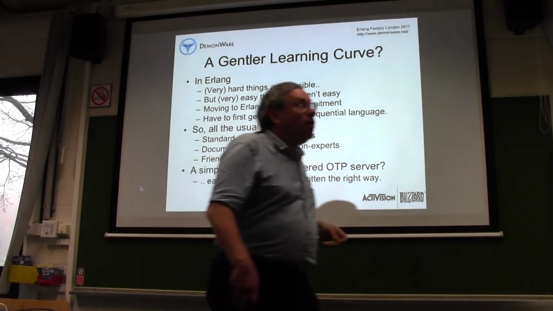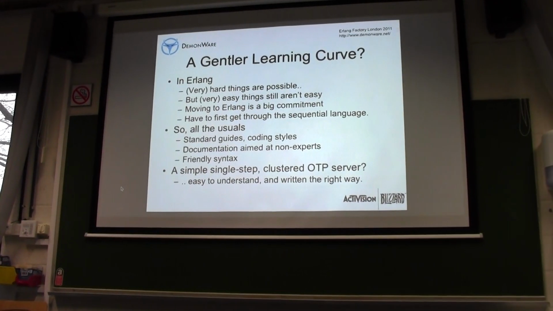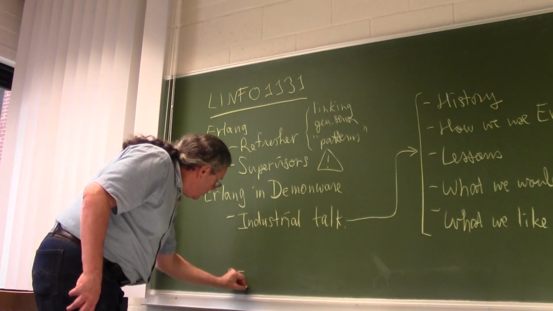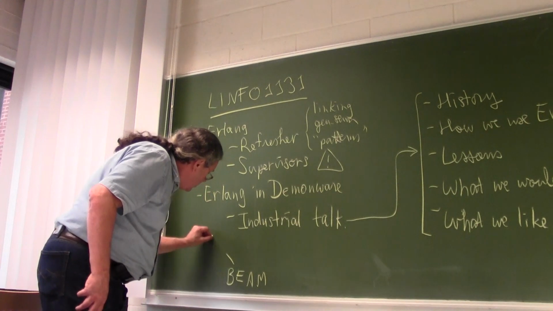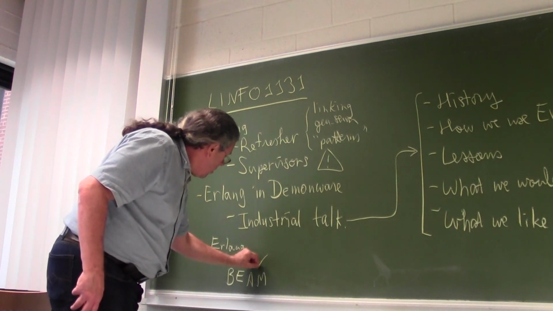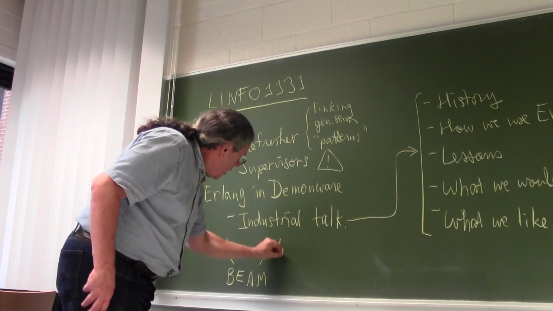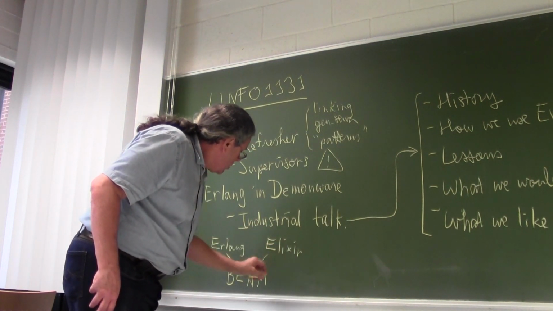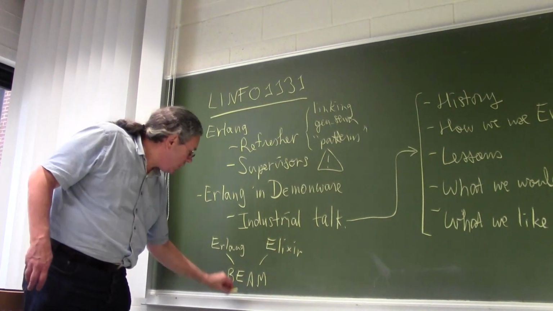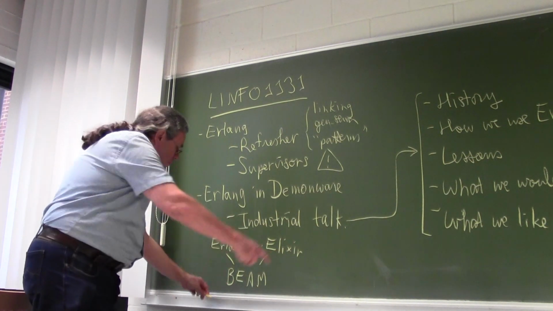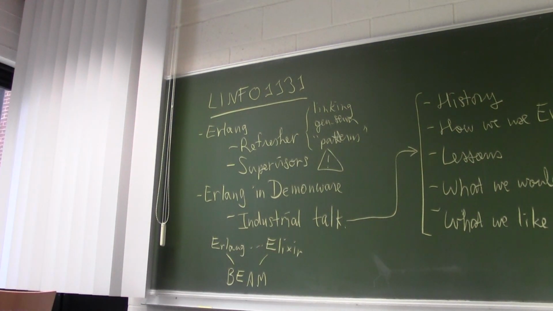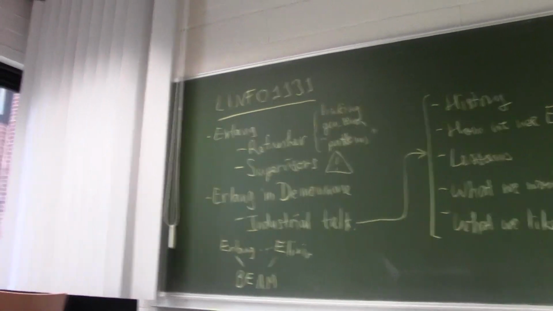So maybe I'll make a picture here. Erlang has a virtual machine called the Beam, and Erlang runs on top of that. But for a couple of years now, there is another language called Elixir, which was invented running on the same virtual machine. So these two are interoperable, but Elixir is more like standard Python, Ruby kind of syntax.